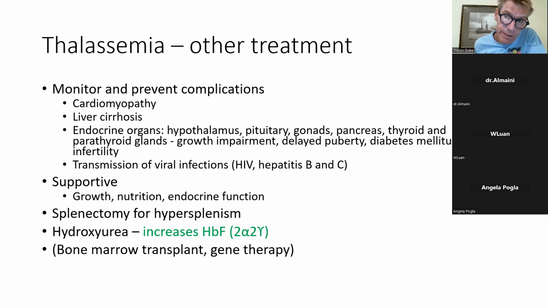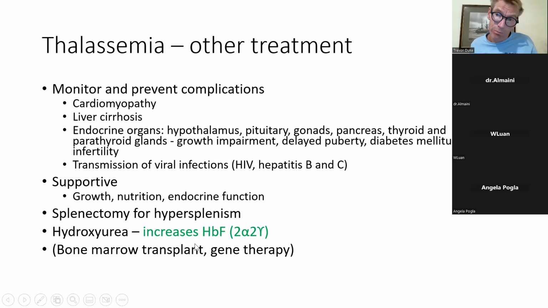beta-thalassemia. If you've got beta-thalassemia, then again, as I said before, you're relying a lot on your fetal hemoglobin, because fetal hemoglobin is 2 alpha and 2 gamma. So there's a drug called hydroxyurea, which increases the production of fetal hemoglobin.